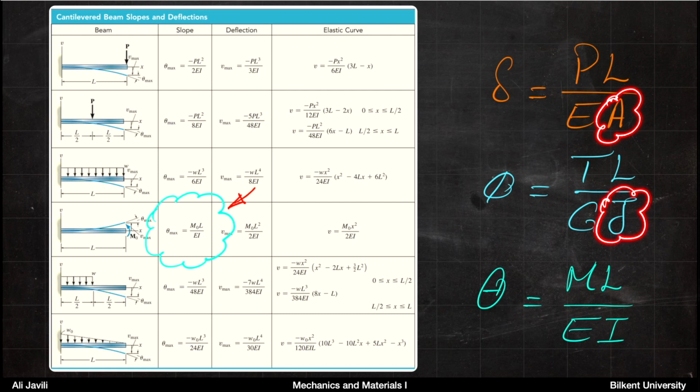In torsion, remember, we had the polar moment of inertia, and now we have the moment of inertia. All right, so it's good to just see all of these in one picture to get the unified picture in mind.